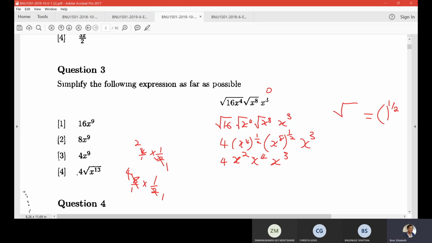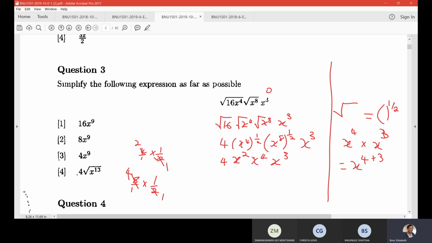So we know that with the powers, the other thing that we know is if we have a product of powers or exponents with the same base, you remember we add. Let's say we have this, we will say it's the same as x to the power 4 plus 3.